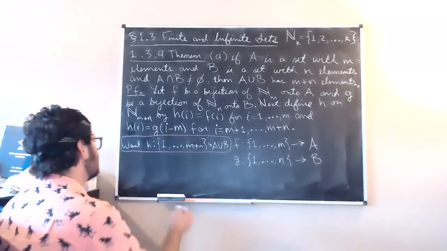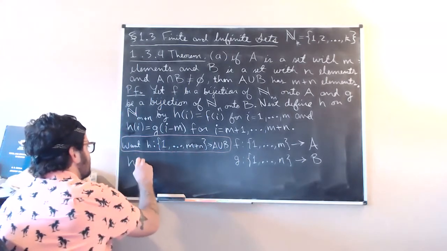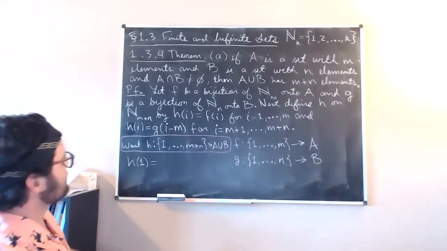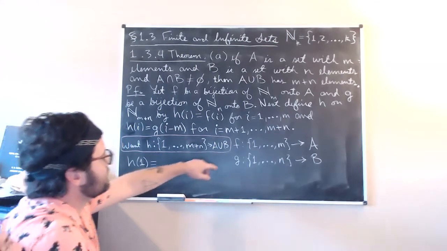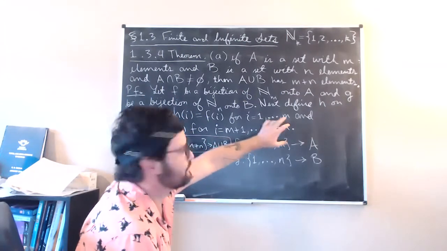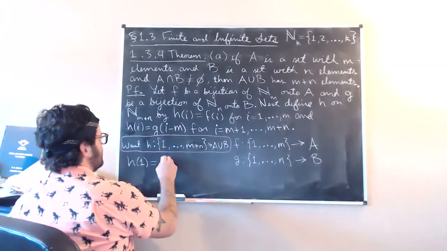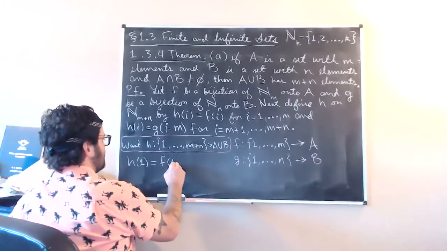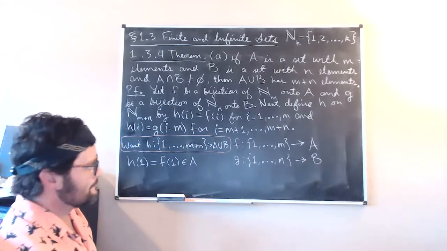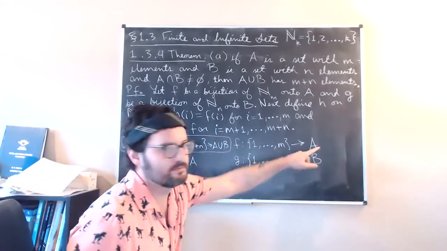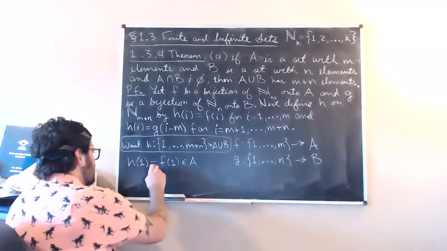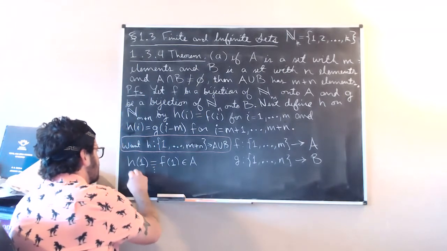Okay. Well, suppose, so what's H of 1? If 1 is less than or equal to m, then H of 1 is just going to be equal to F of 1, which is indeed an element of A. F takes 1 to some element in A. Dot, dot, dot.